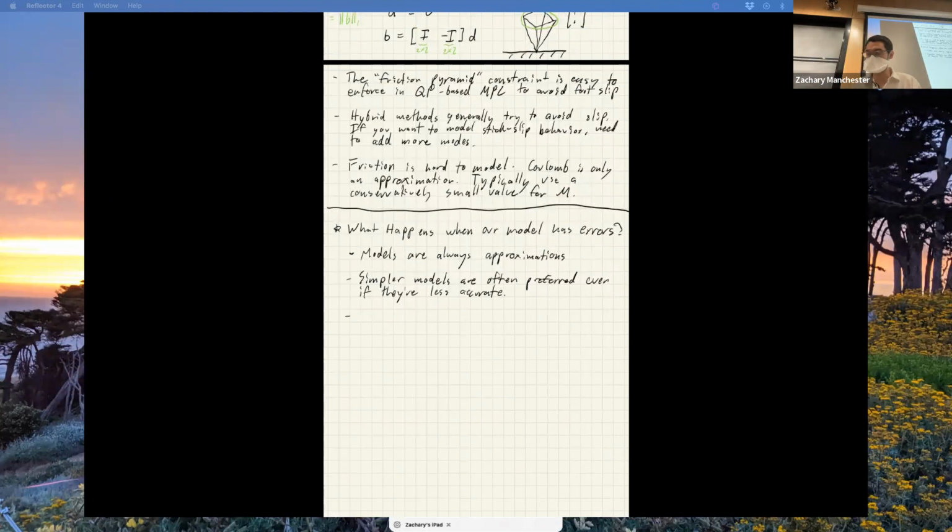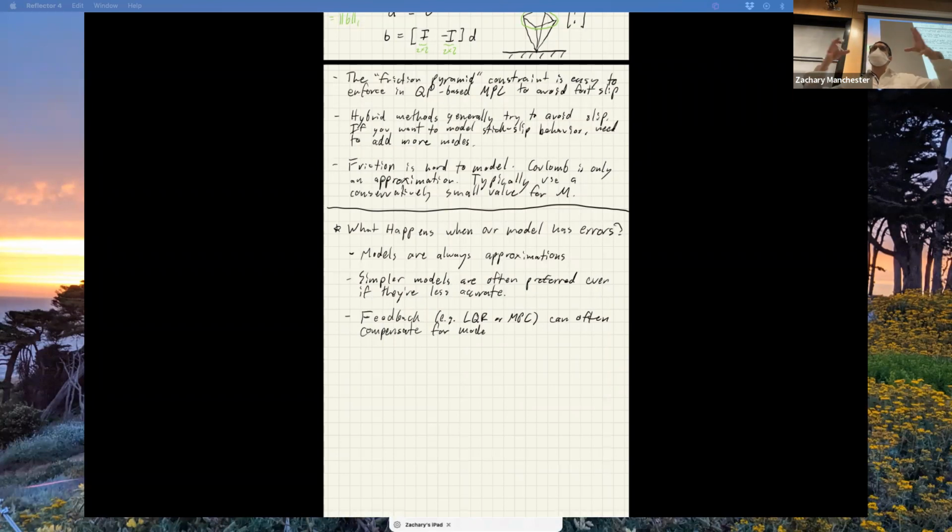A lot of times we can get away with that because feedback inherently corrects for some of these errors. A good example is what we talked about before: if you're trying to do reference tracking or stabilize a fixed point, you linearize about that point.